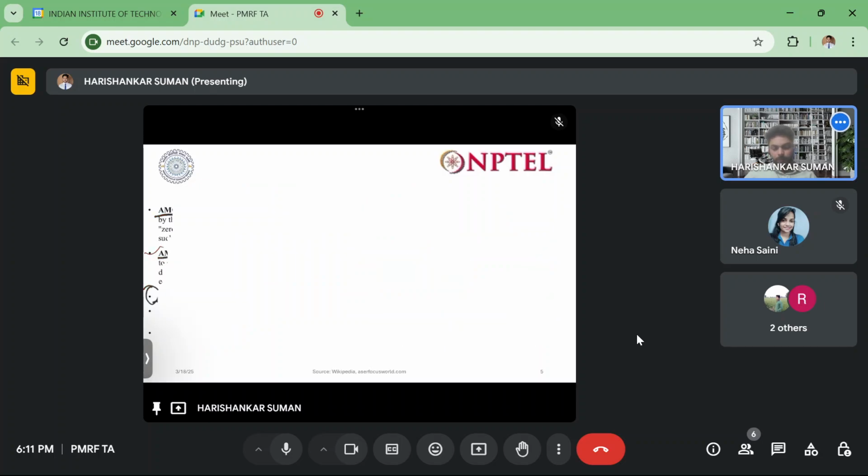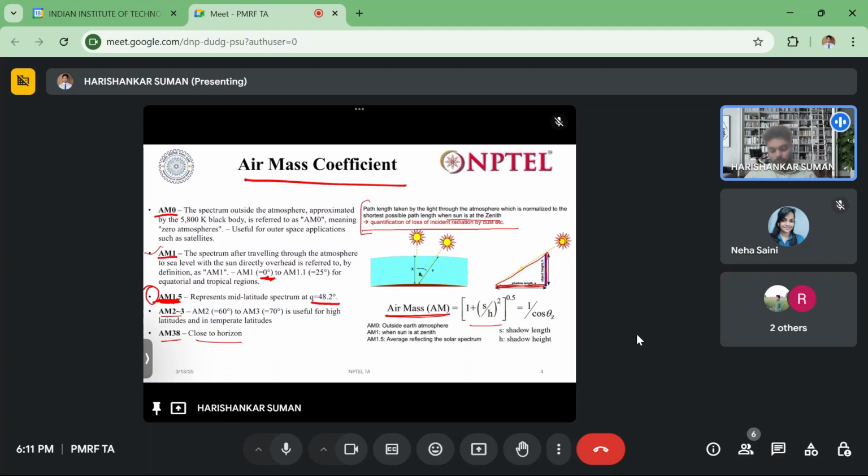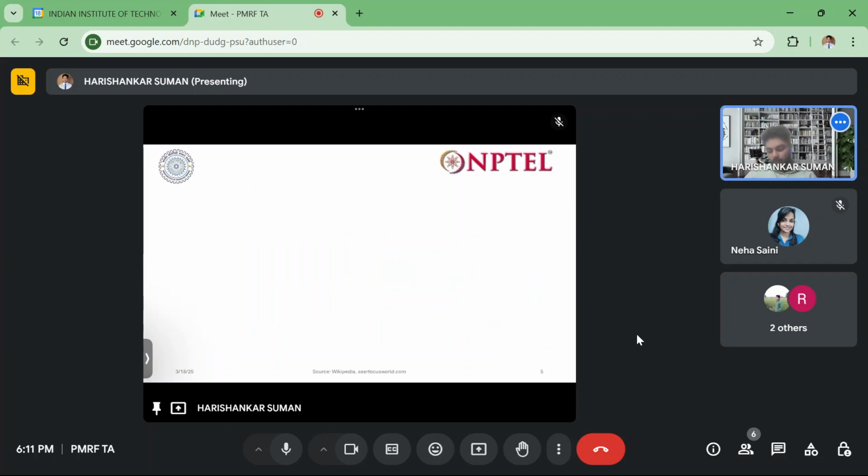Okay, so what is the value of the zenith angle at air mass AM 1? Please choose your answer. AM equal to 1 upon cosine z. So please find cos theta: 1 by 1 equal to 1.